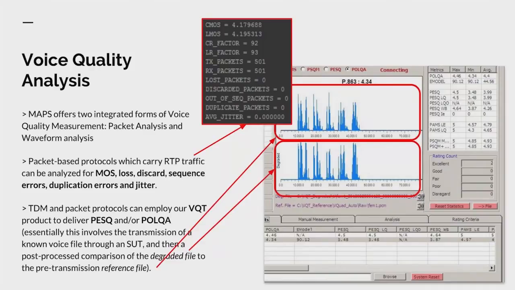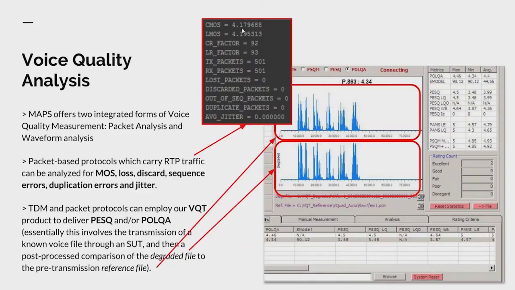The second major feature we've added for our customers to the API is that we have completely integrated our voice quality analysis platforms into the Maps API. Two basic ways to do this. For RTP, we can extract packet-based statistics for all transmitted and received audio.